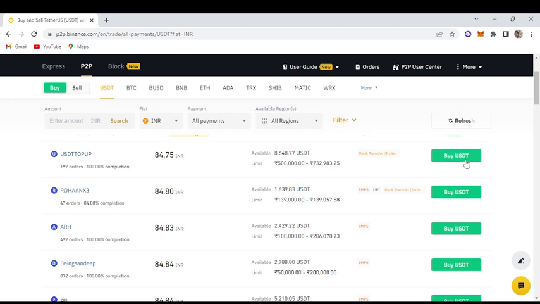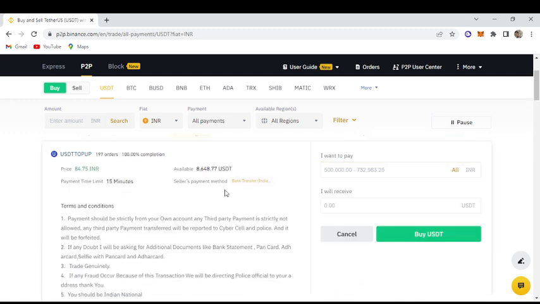So suppose I click here, and then you gotta see the terms and conditions. You place the number of how much you wanna buy, and then the seller will contact you. There will also be protection from Binance, and they are verified sellers, so you don't gotta take some tension.